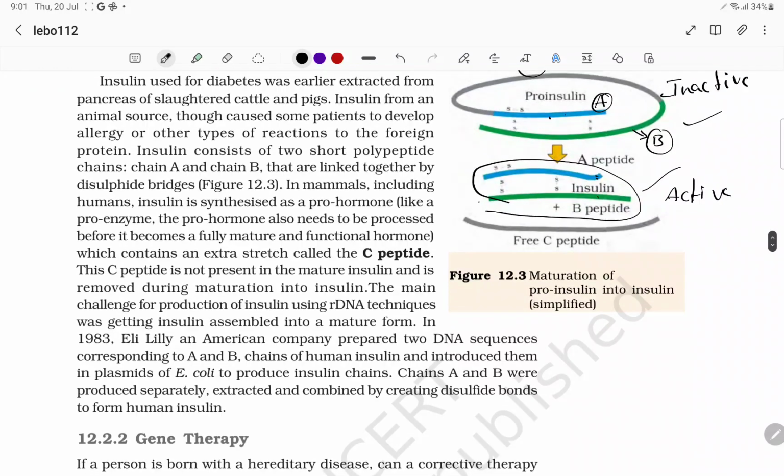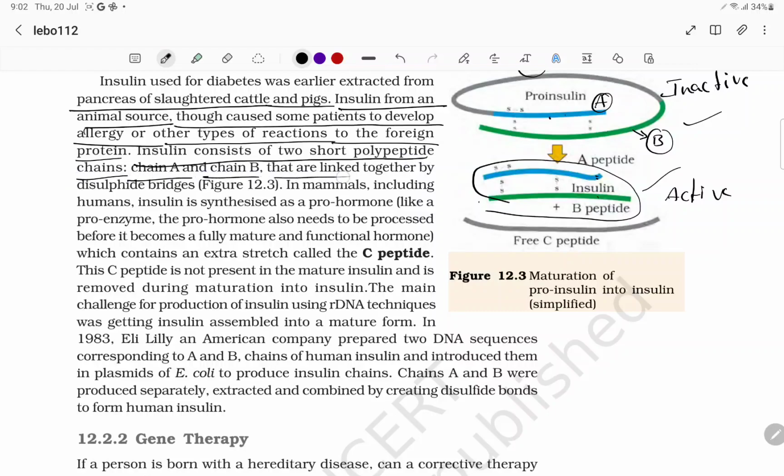Insulin for diabetes was earlier extracted from the pancreas of slaughtered cattle and pigs. Insulin from an animal source caused some patients to develop allergy or other types of reactions to the foreign protein. Insulin consists of two short polypeptide chains, chain A and chain B, linked together by disulfide bridges.